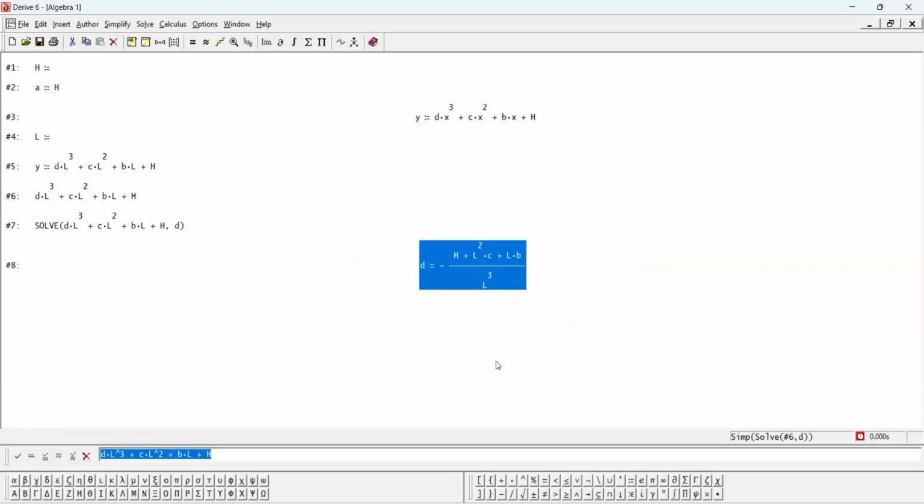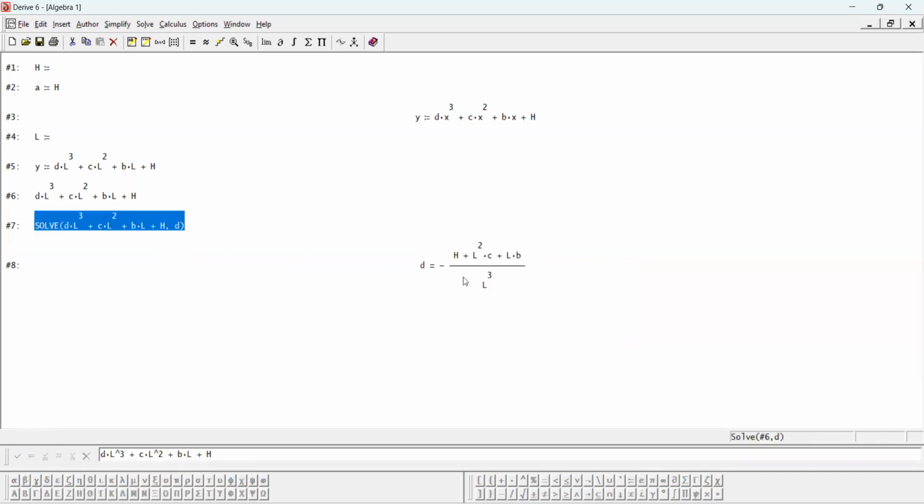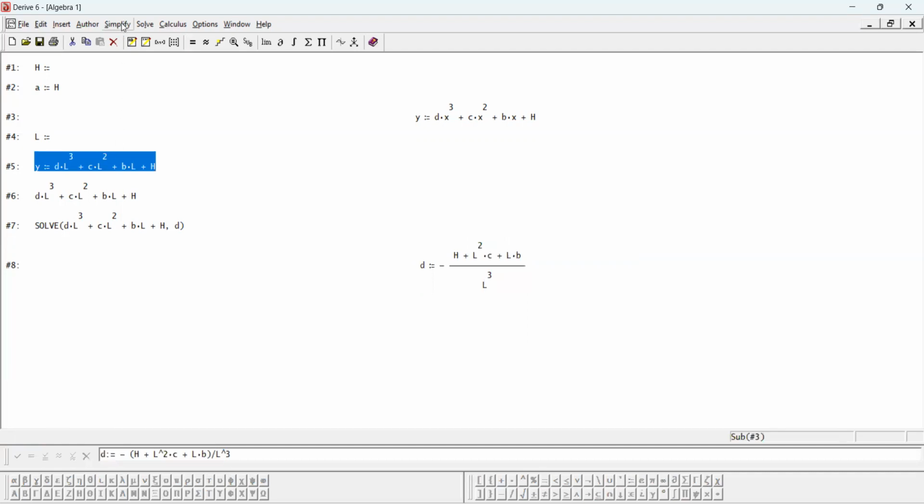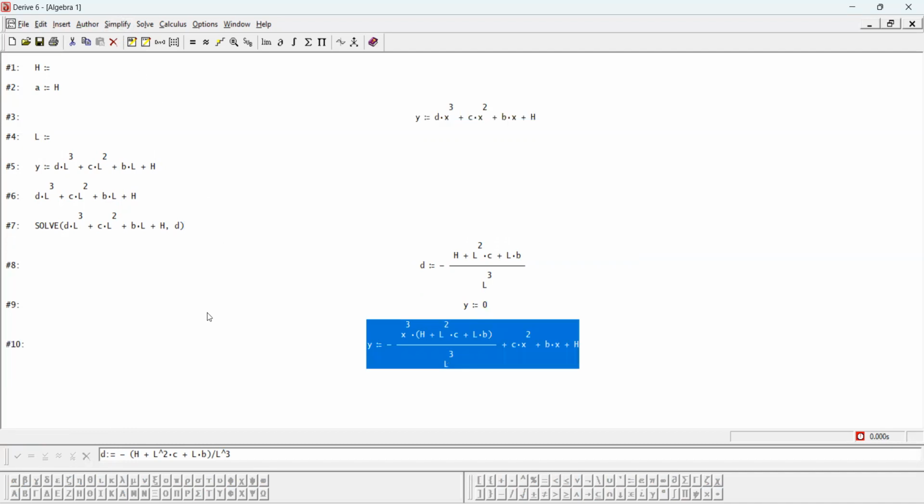Simplify, this is d. I can write this and make it a parameter here. Now if I go here and say simplify, this is the equation.